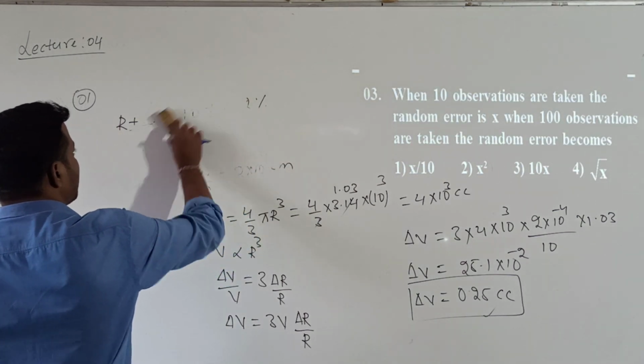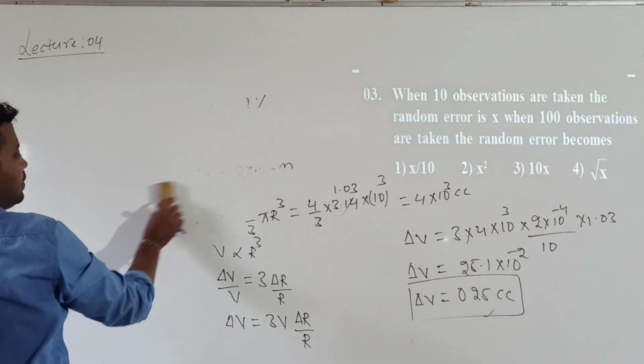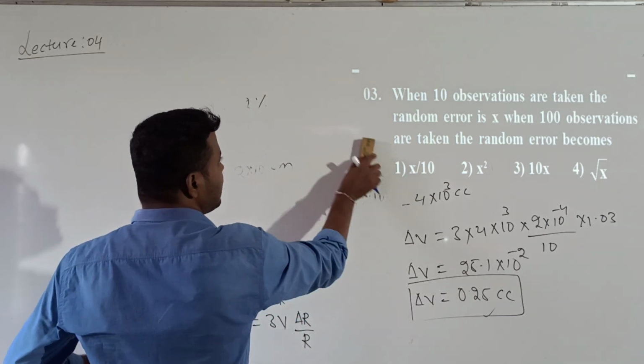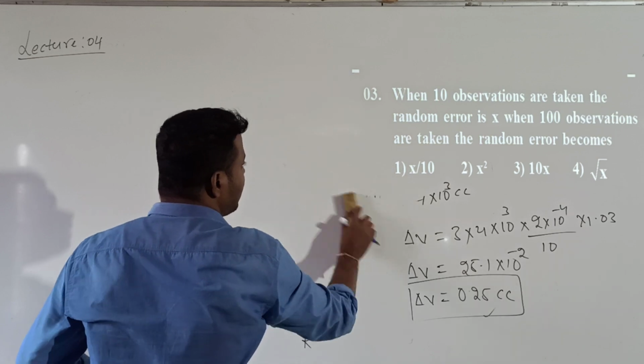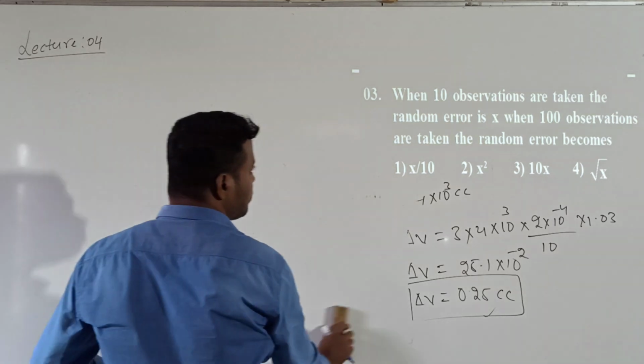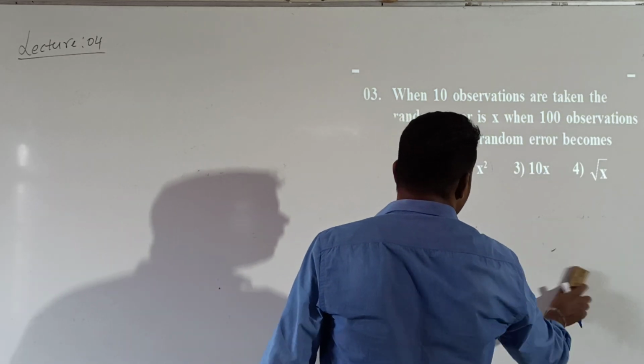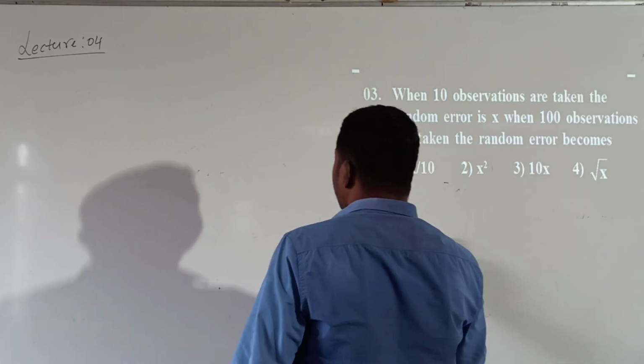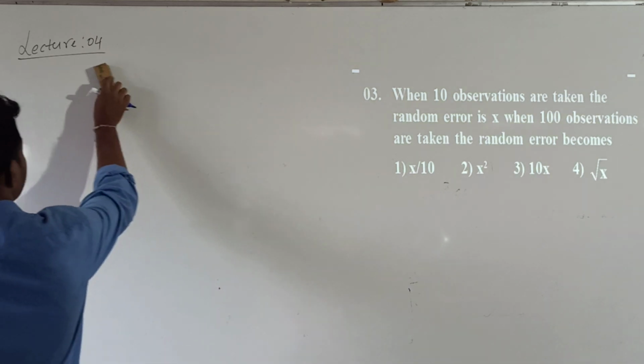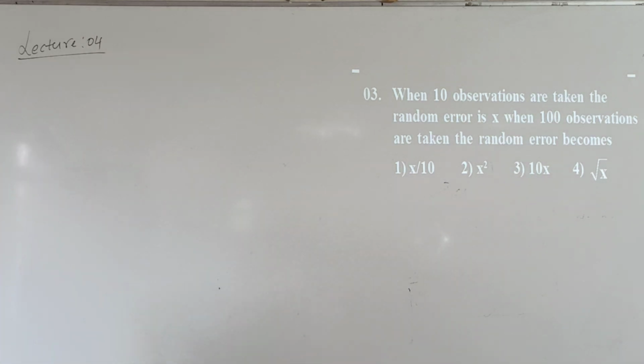Question number 3. This is an important question. The question is, when 10 observations are taken, the random error is x. When 100 observations are taken, what is the random error? Why do we take a number of observations? To minimize the error.